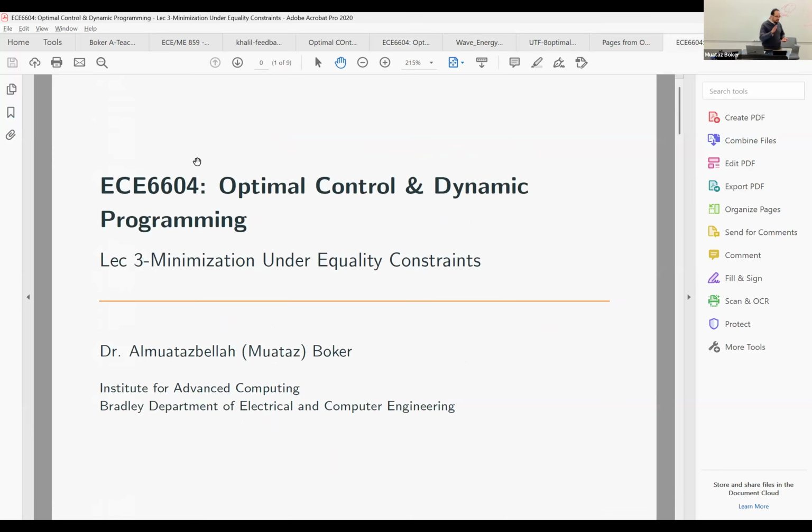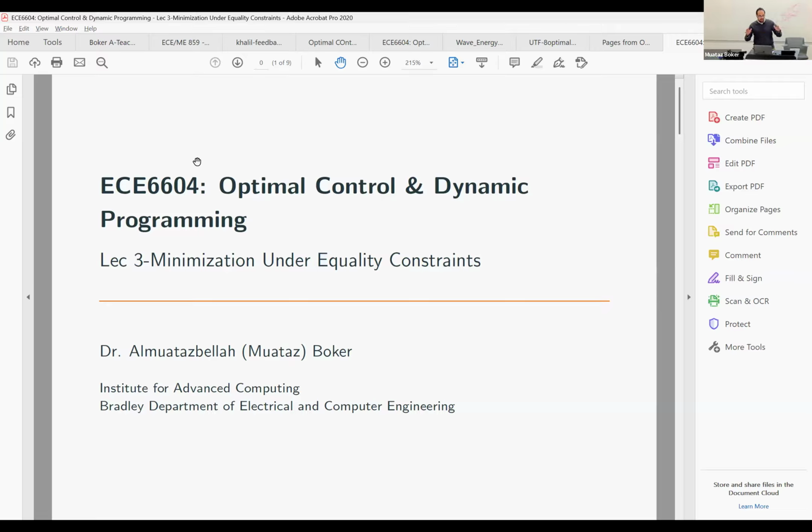So I'm building my way up a little bit, going from the basics first, right? The first lecture is about an overview of optimal control and the differences between optimal control, optimization and data-driven optimization.